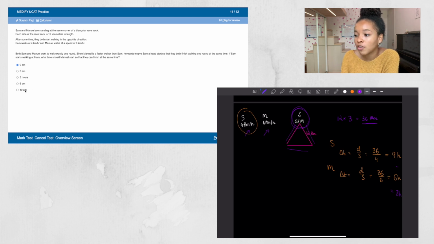And then you just have to figure out at that point, is it 9 a.m. or 10 a.m.? So with this question, without even doing any sort of calculation, you would already know that what you're looking for is either a 9 or a 10, because all of the rest of the answer options are incorrect, just based on the text.